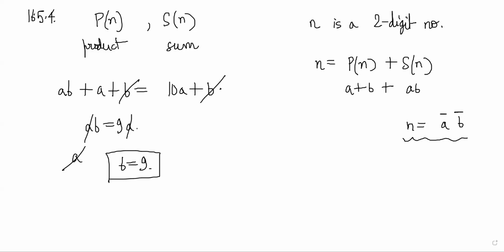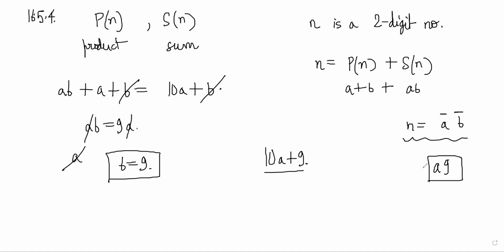I don't know if there's a specific way to get A. Because even if you tried plugging it in, wouldn't you just get 10A plus 9? So basically, any number like this will satisfy this property.